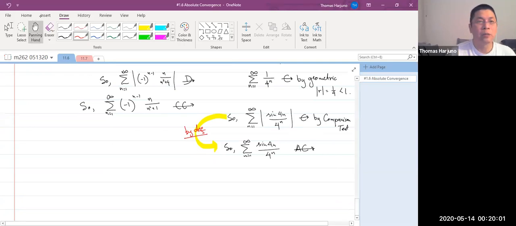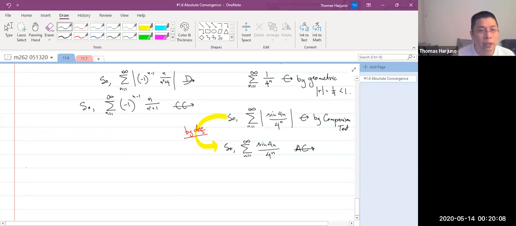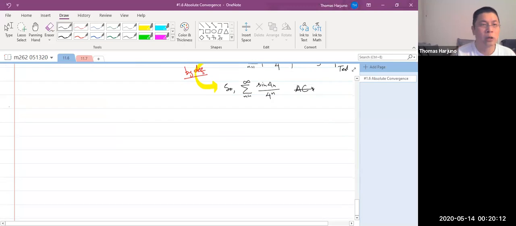Now let me go on with the other two tests and go back to do some problems. I will state the tests without proof. Ratio test. What is the ratio test? The ratio test says the following.